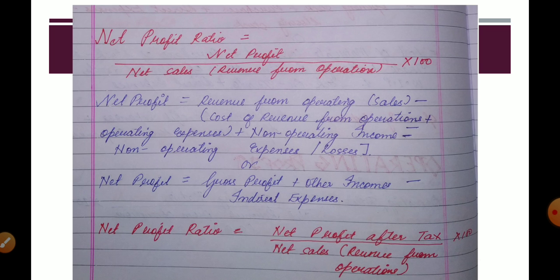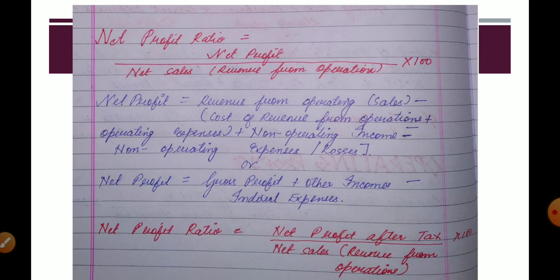The formula is quite easy, that is net profit upon net sales or revenue from operation into 100. Net profit is equal to revenue from operation, that is sales, less cost of revenue from operations plus operating expenses plus non-operating incomes less non-operating expenses or losses.